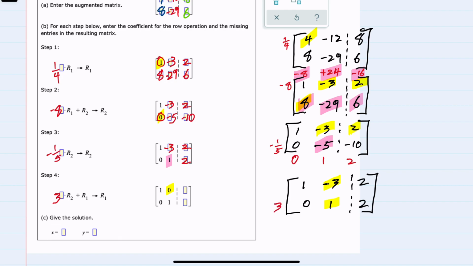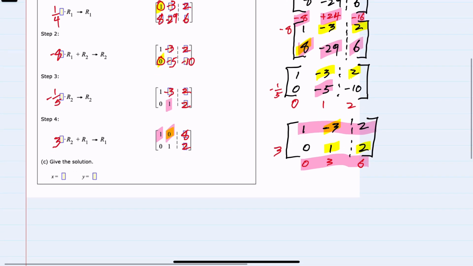Multiplying that bottom row, 3 times 0 is 0. 3 times 1 is 3. 3 times 2 is 6. Now adding these values to the top row, 1 plus 0 is 1, -3 plus 3 is 0, 2 plus 6 is 8, and the bottom row I didn't change, it's 0, 1, 2.